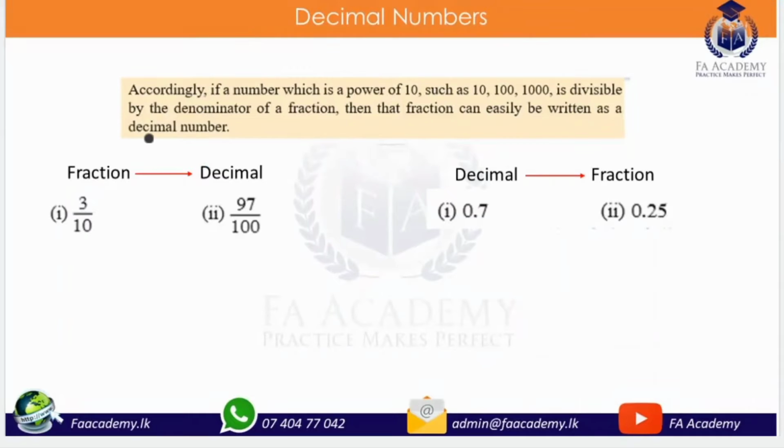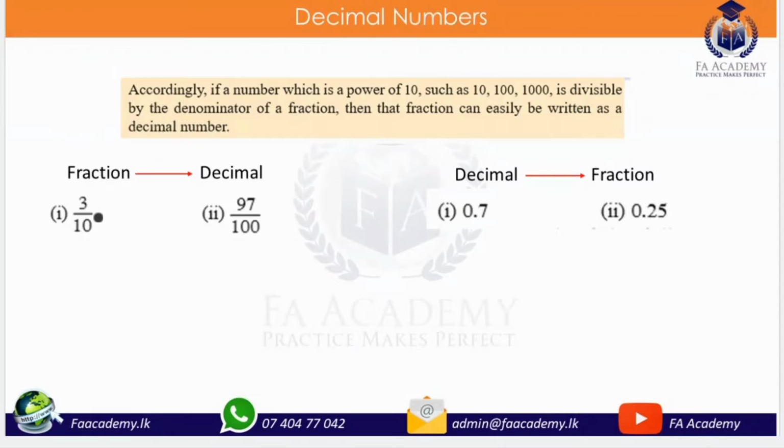So now you can see if you have numbers to divide by 10, 100, or you're getting to divide numbers with the powers of 10, like 10, 100, 1000, there's an easy way to do the division. No need to go for the long division.